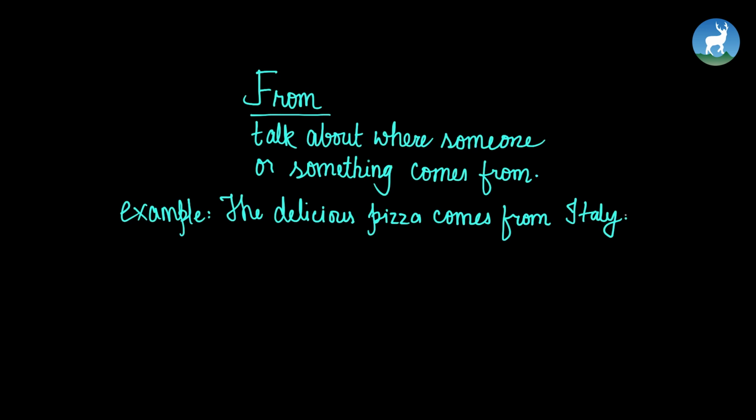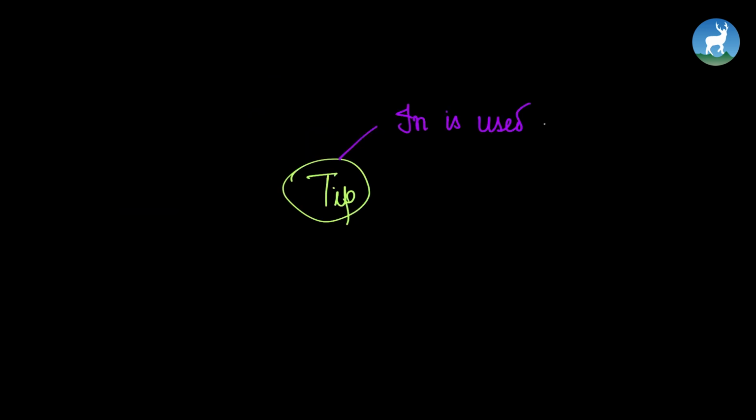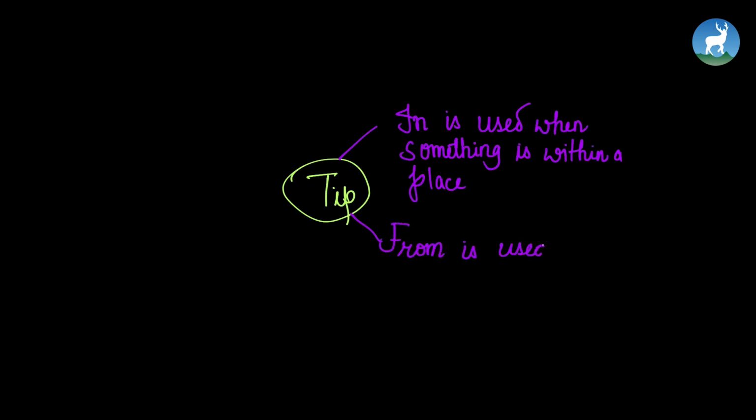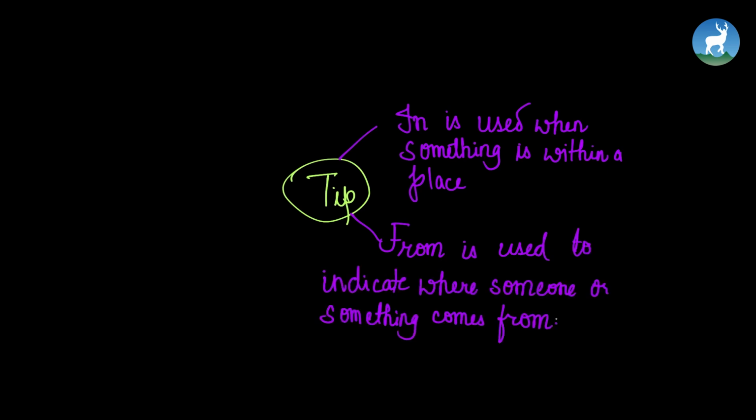I'm going to give you a quick tip to remember about the use of in and from. In is used when something is within a place. And when is from used? From is used to indicate where someone or something comes from. So if you happen to get confused, just remember that in is used when something is within a place, like we took an example of Sita being within Italy.